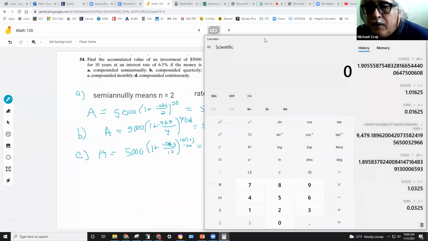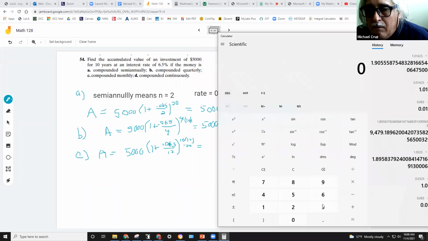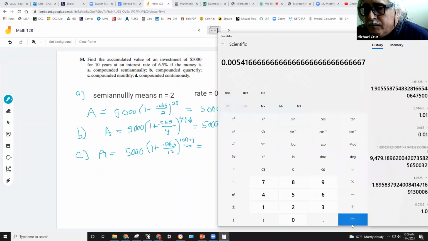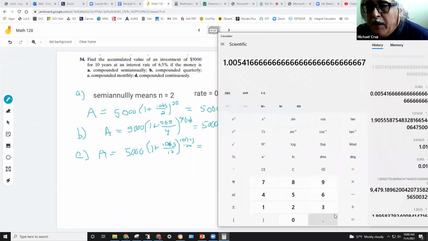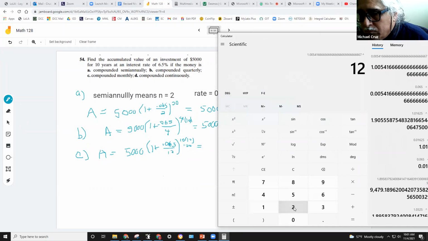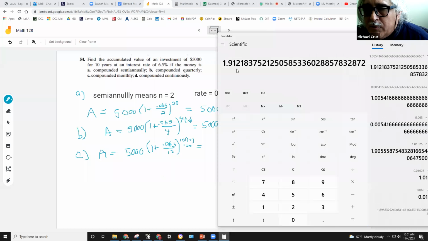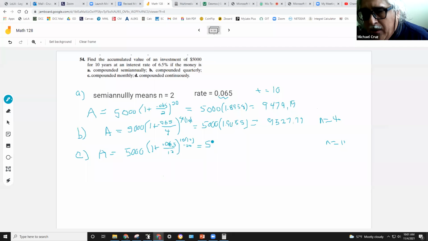Okay, so let's look at that. We got 0.065 now divided by 12 plus 1. There's our base, and we're going to raise it to the 120th power. So it's 1.91218. It's a little bit higher, but not a great amount higher.